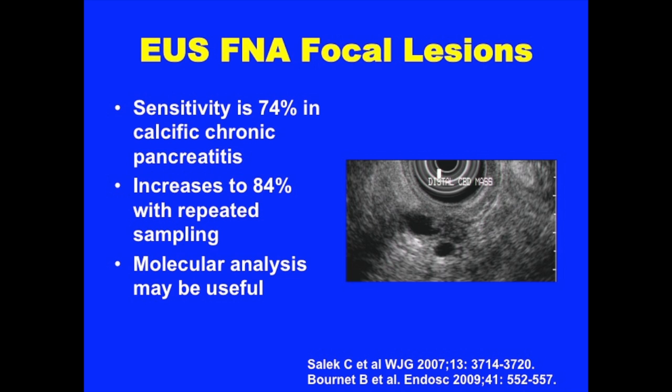So you can buy some time with this and have an improved yield if you bring them back. We've tried other things. We tried adding molecular analysis to this. We've done different types of microsatellite instability, KRAS abnormalities, and none of them have pushed us to the accuracy rates that we see with regular tumors, which is above 95%.